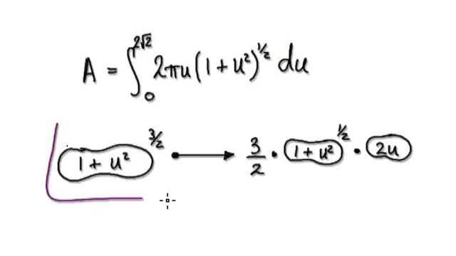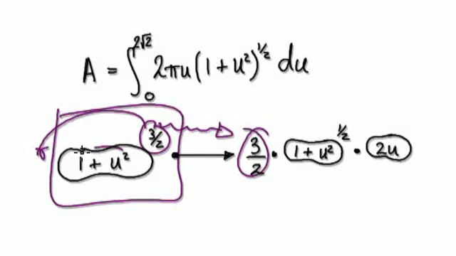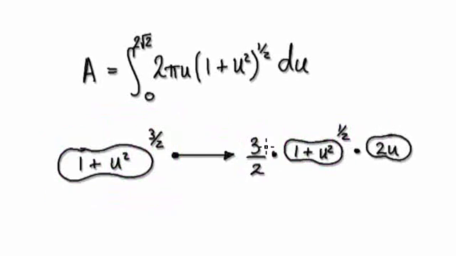If you differentiate it, this thing goes down, so that's this bit here. The bubble stays intact, and then this thing gets minus 1, and then you've got to times it with the derivative of the bubble itself, which is 2u.